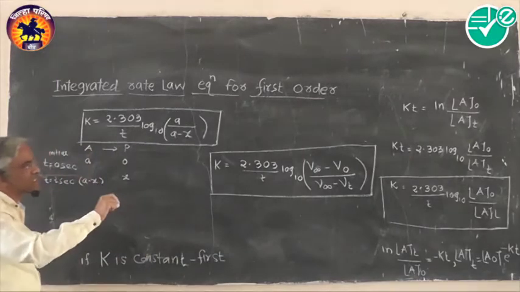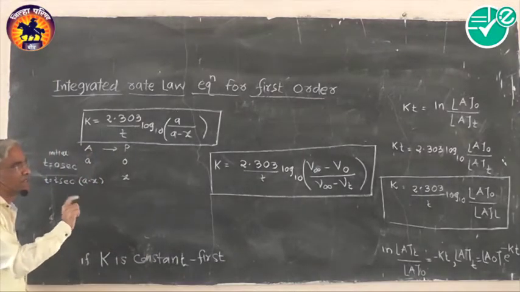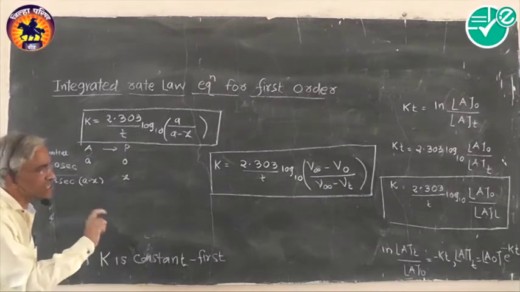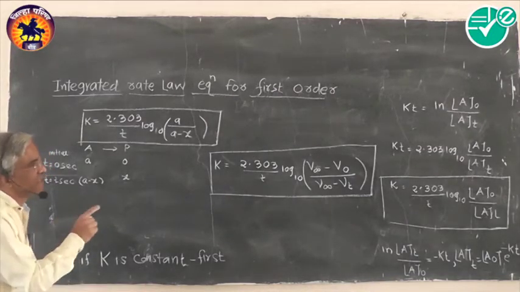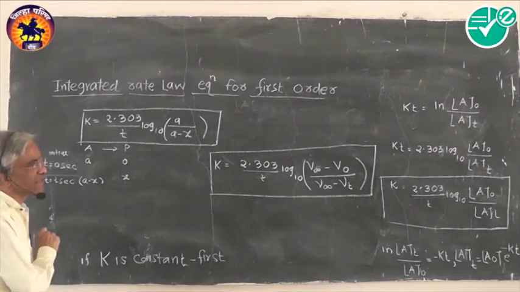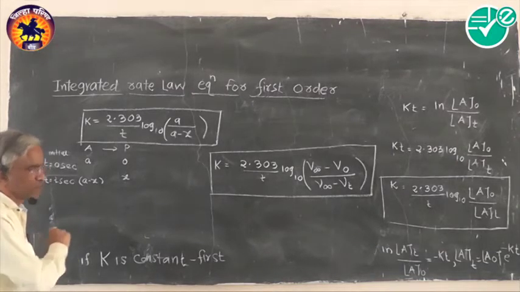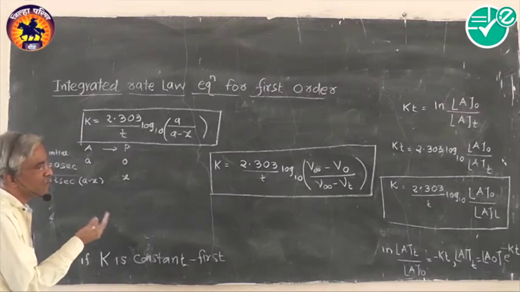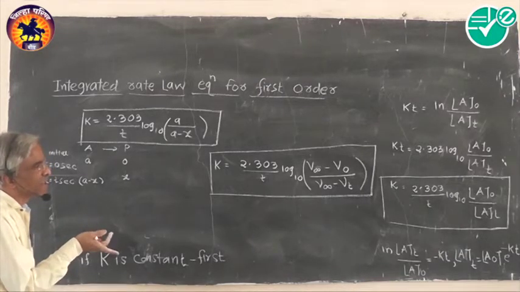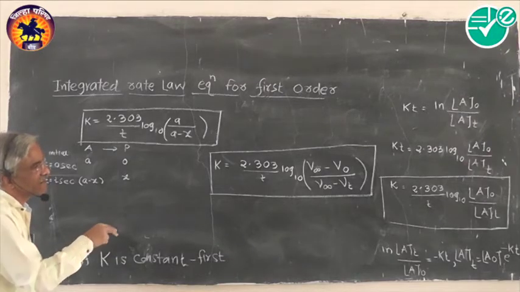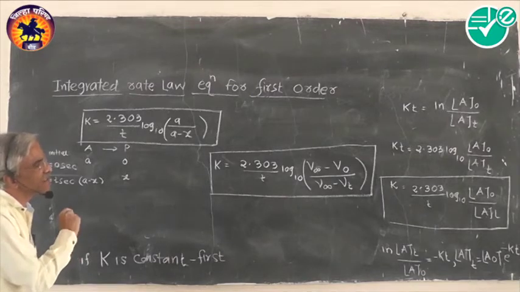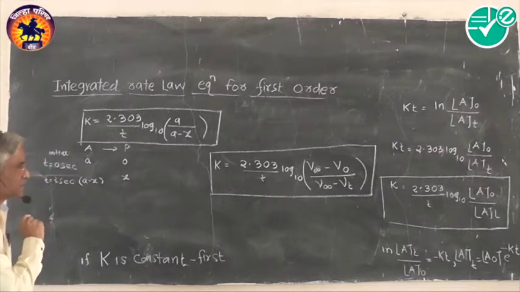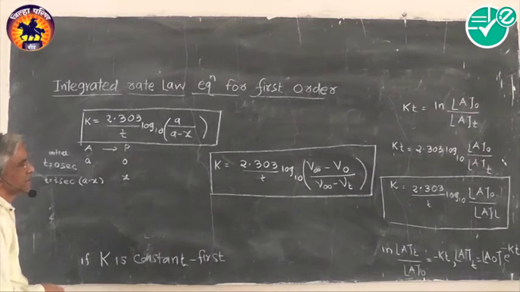So if the reactions are continuing and experimentally taken by titration methods, where we take the volume of the reactants, then V0 is the volume of the reactant at the start when time t equal to 0. Vt is the volume of that reactant at a time t when some of the reactant has converted into product, and V infinity is the volume when all the reactant has completely reacted. So this is another form.